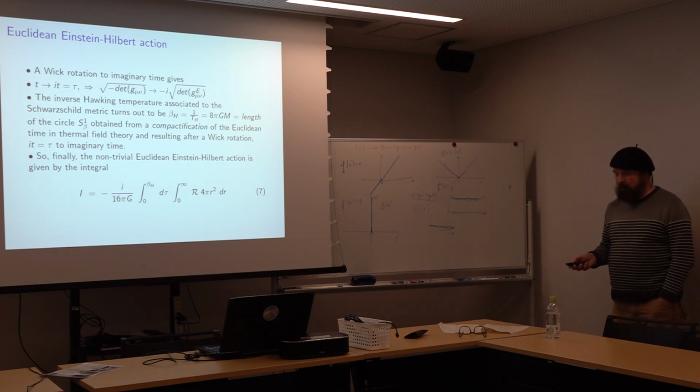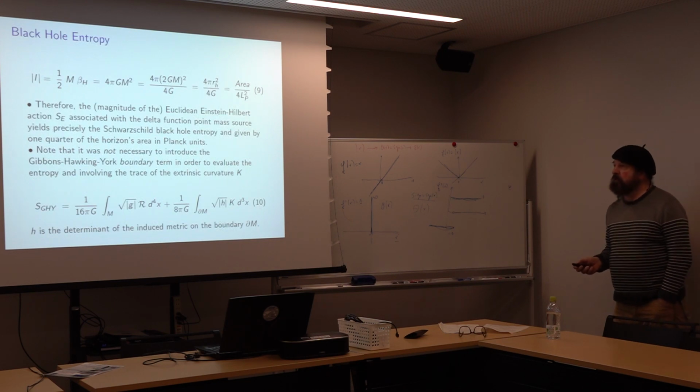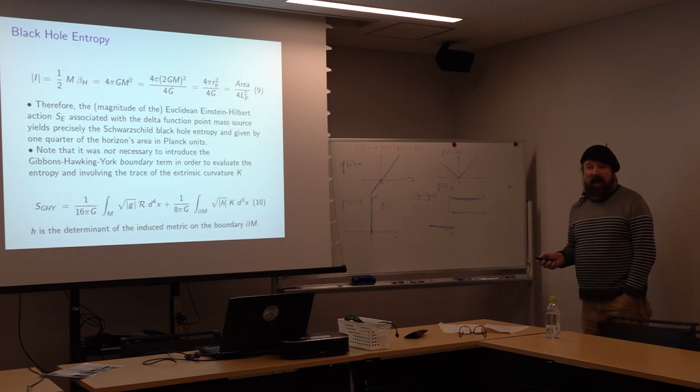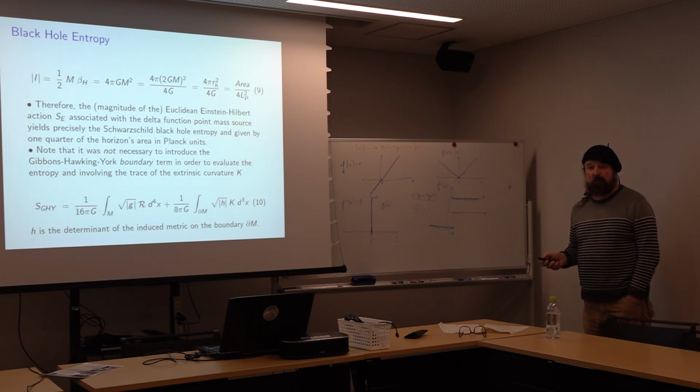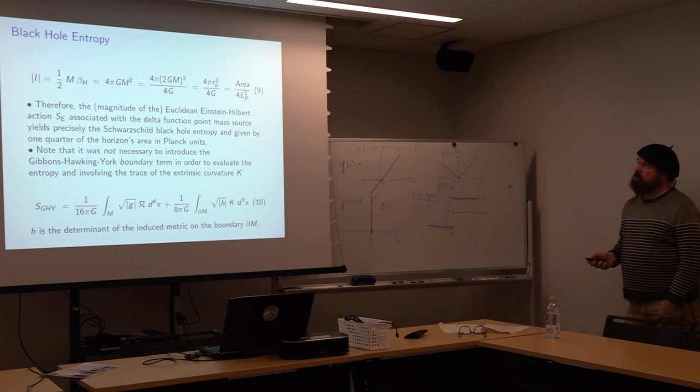You're going to get a numerical expression, and you're going to get the magnitude of that Euclidean Einstein-Hilbert action associated to that scalar curvature that had a delta function. When you do the integral, you do the algebra, what do you get? You're going to get an expression which is precisely equal to the black hole entropy.